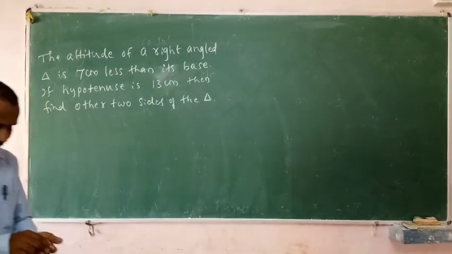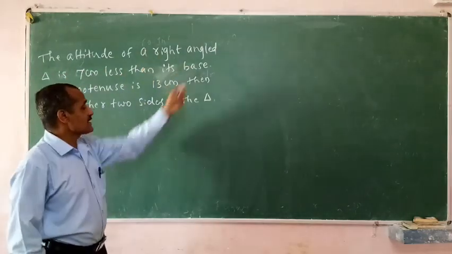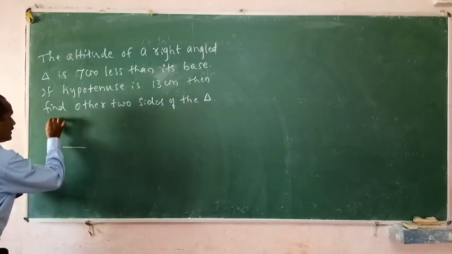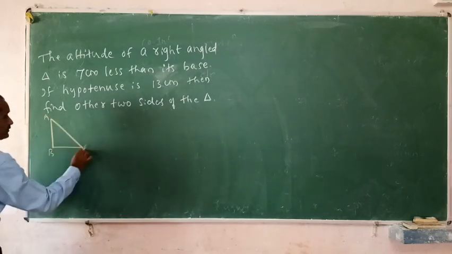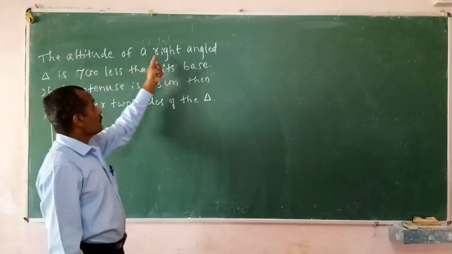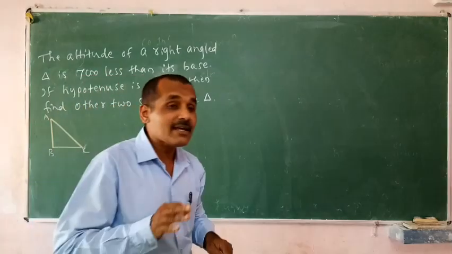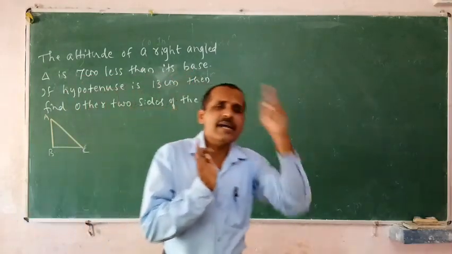This is the question. Let us understand first what is given. They have given a right angled triangle, and they say the altitude of a right angled triangle is 7 centimeter less than its base. Compared to base, height is less.